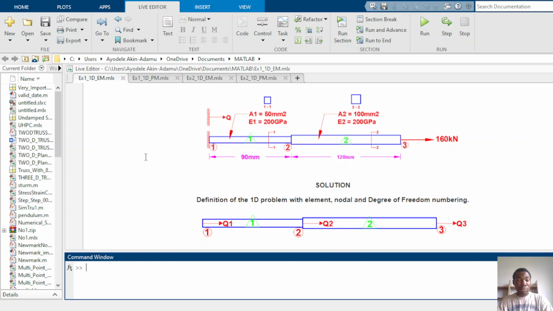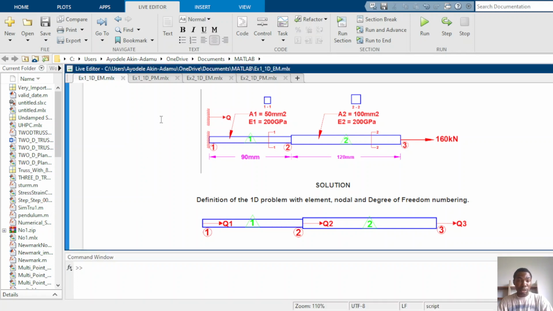I use the MATLAB live script, which is the interface above the command window here. I would like to give you an overview of how the MATLAB live scripts work before I start explaining the solution to our finite element problem.